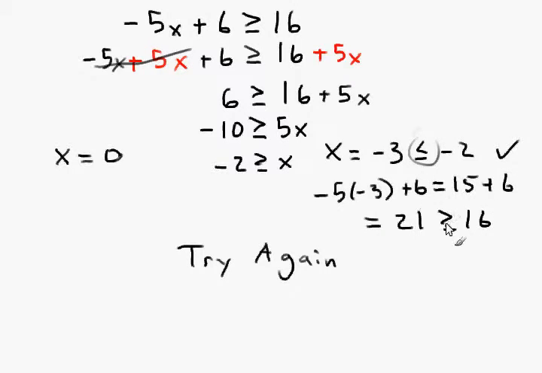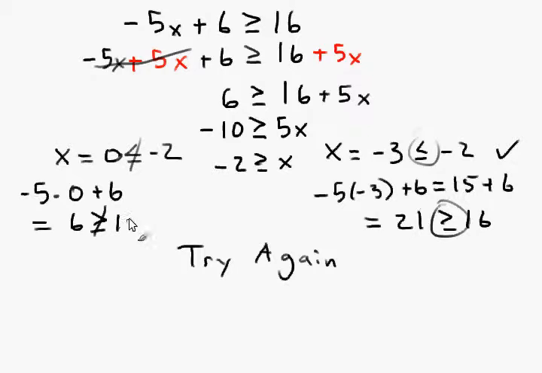True. And over here, 0 is not less than -2. So minus 5 times 0 plus 6 is equal to 6, which is not greater than 16. True. The work checks out.